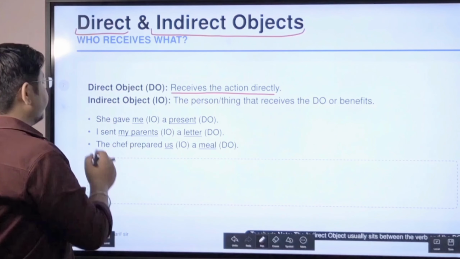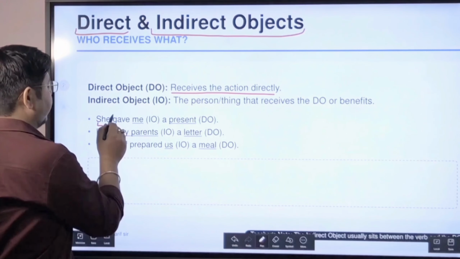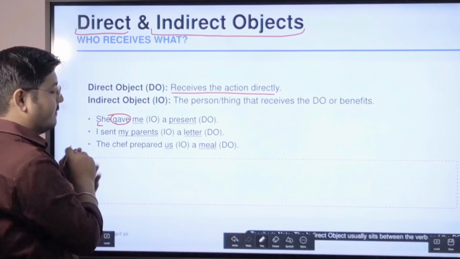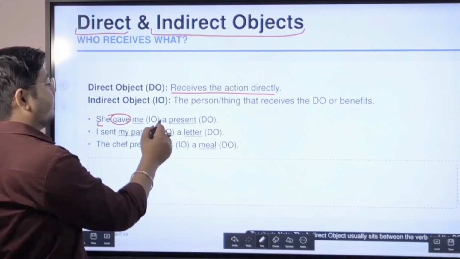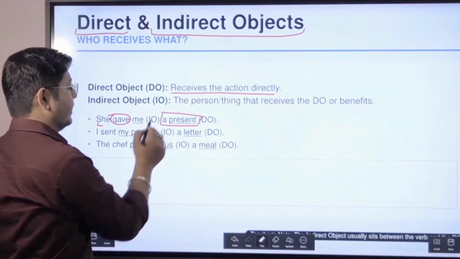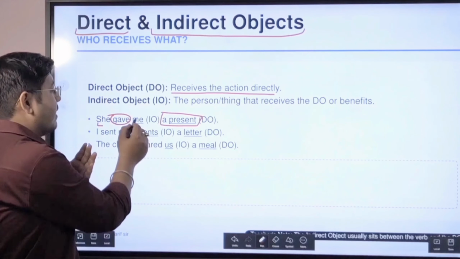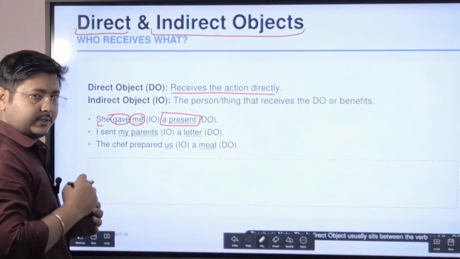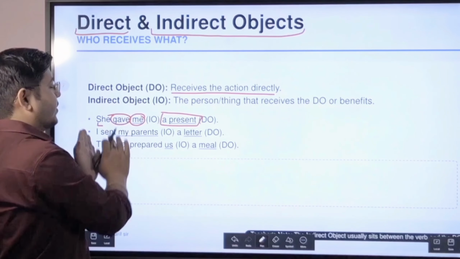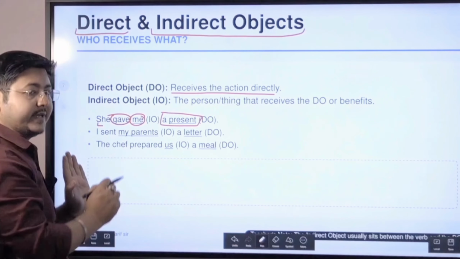As an example, let me show you here. She gave, the verb gave is directly affecting the present here. The action of giving the present was done first. Then this person received the item. A present was the thing that got directly affected by the action of giving.